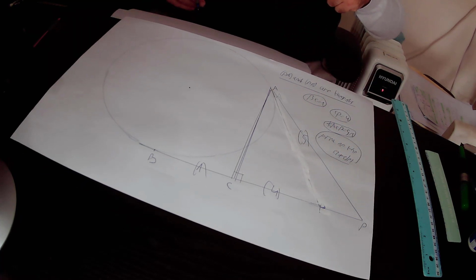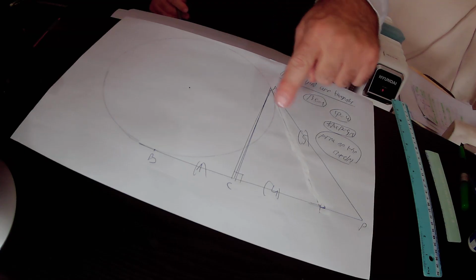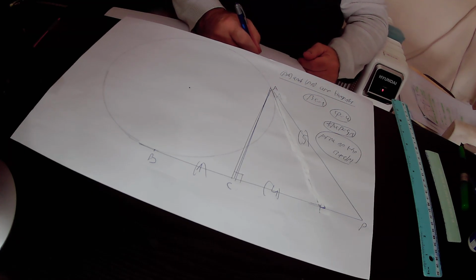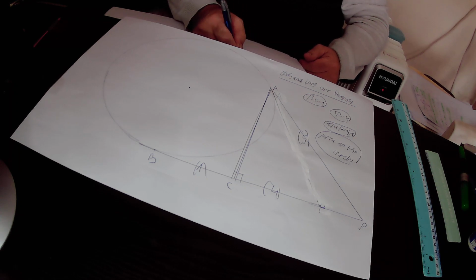In the next step, we will apply the Pythagoras theorem on this right triangle ACP. Here PT is the abbreviation for Pythagoras theorem.